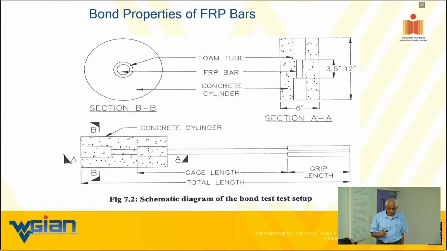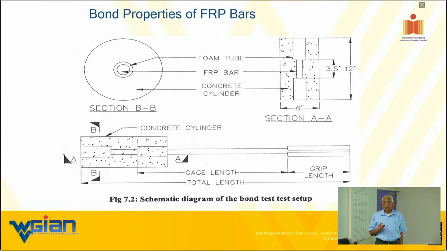The grip length as per ASTM must be 40 times the bar diameter. If I have a half-inch diameter bar, I better have the length to be 20 inches. If I have a 1-inch diameter bar, I better have 40 inches. Why?